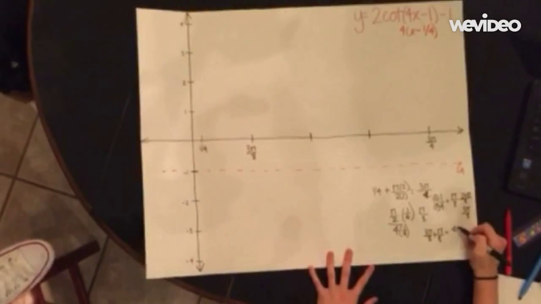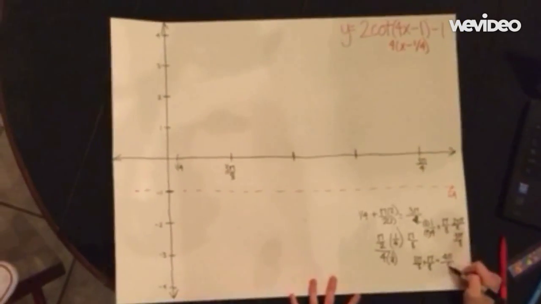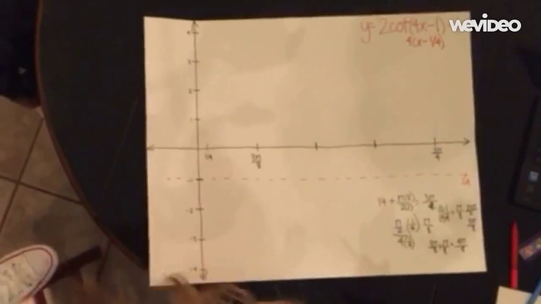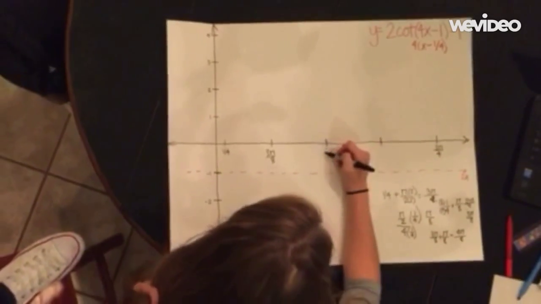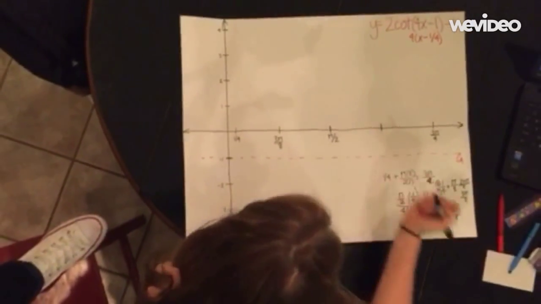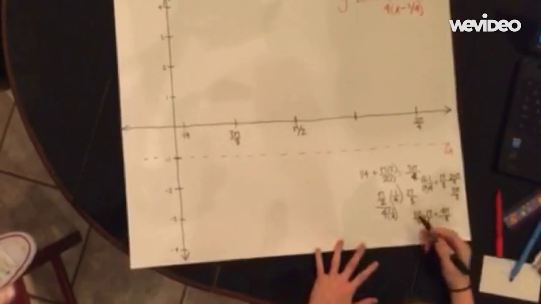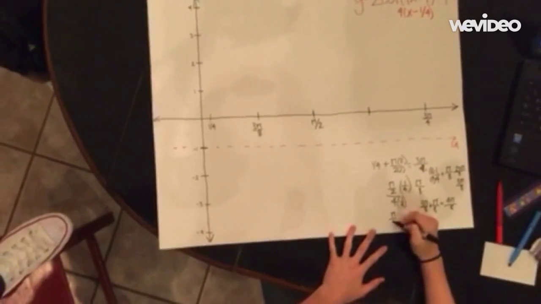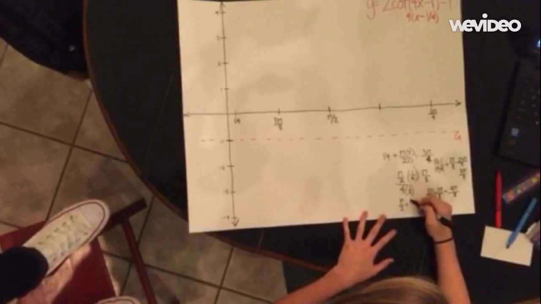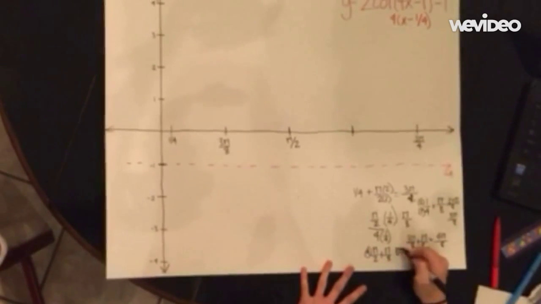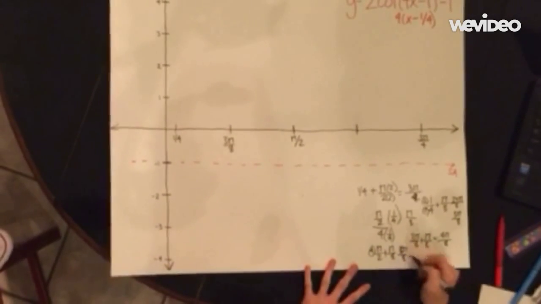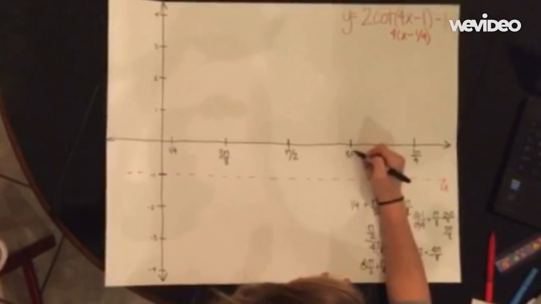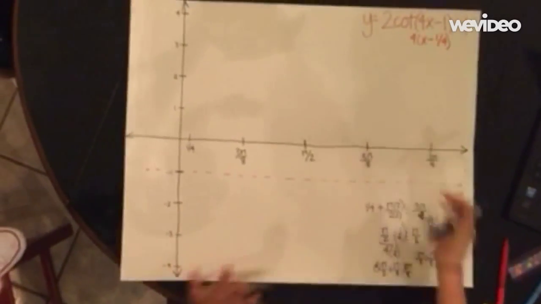You get 4 pi over 8, or pi over 2, because that can be factored down to 1/2. And then you add pi over 8 plus pi over 2, 5 pi over 8. And that's your last point for here. So now you have all the distance between the hash marks.